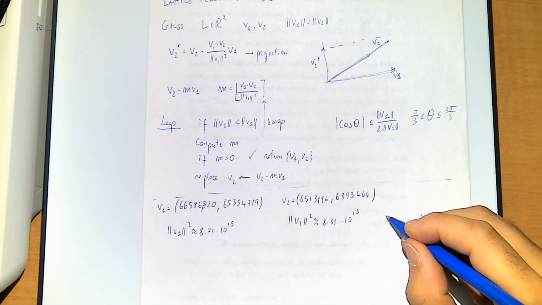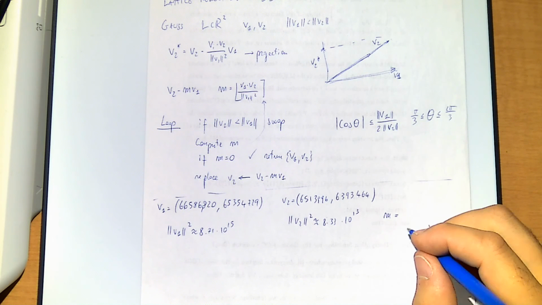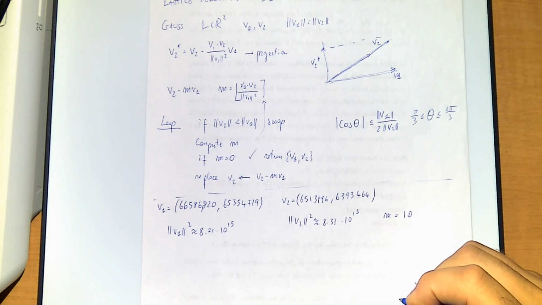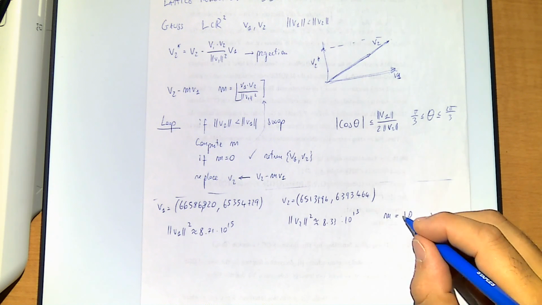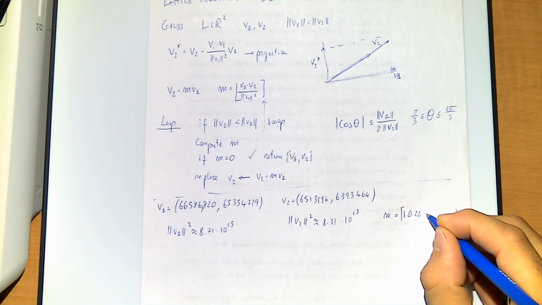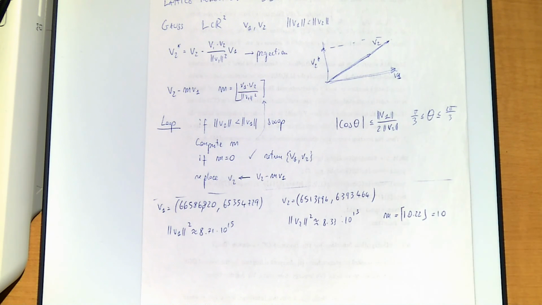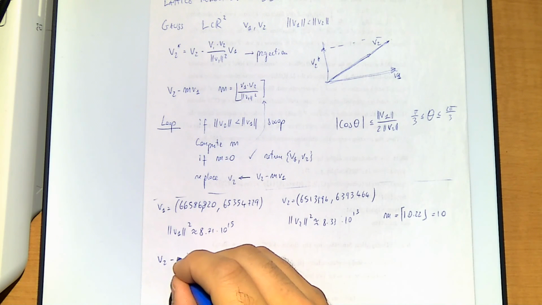We compute M as the dot product of these two divided by the norm of V1 squared, and we get something like 10.22, and then we just round it to 10. Okay, so then we can replace V2 with V2 minus M V1.